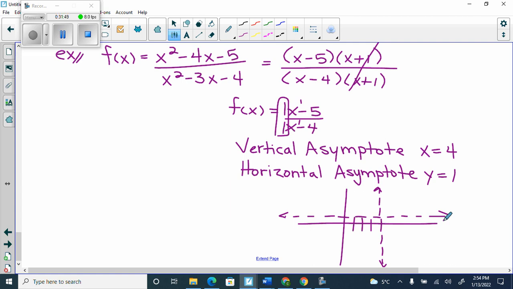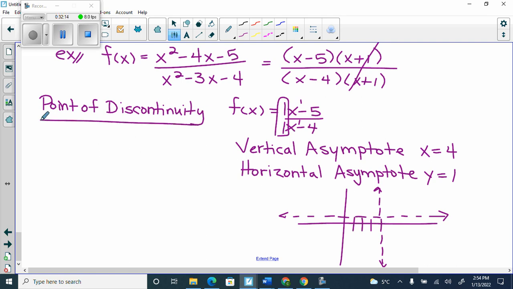But had you not simplified, it would still work. It just wouldn't get you the point of discontinuity. And then you wouldn't know which one was an asymptote. The one that cancels off is the point of discontinuity. The one that's left behind is an asymptote. So we know we have a point of discontinuity. Good thing we have Max here to translate. Good question. I just sucked at understanding it.